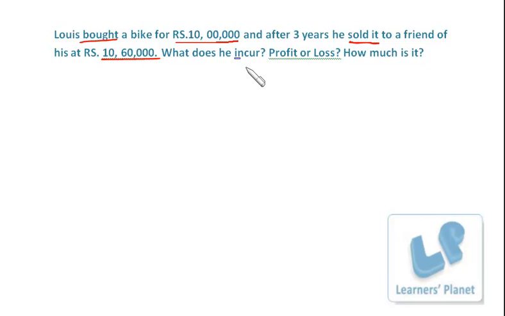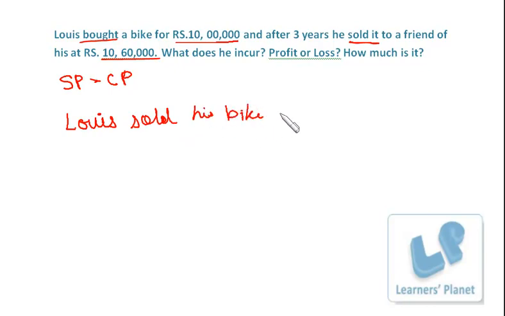So we'll write down the statements in the form of SP minus CP. First we'll write down the selling price statement, and then we'll write down the cost price statement. So Louis sold his bike for rupees 10 lakh 60,000.